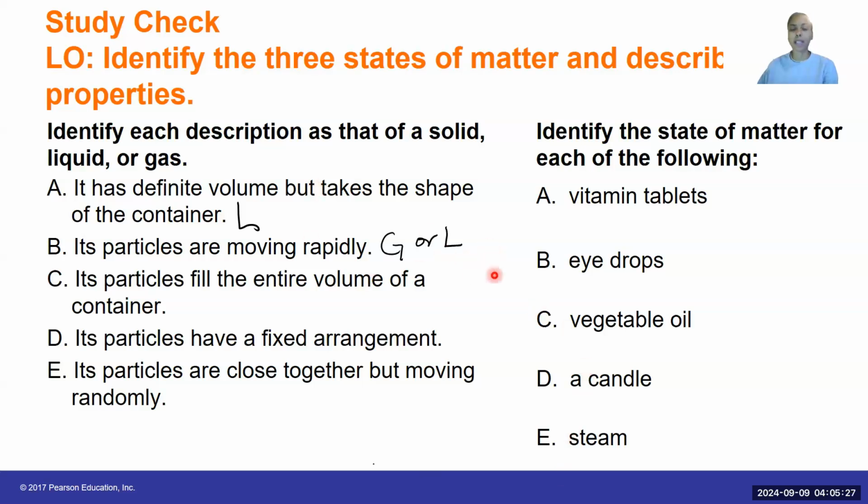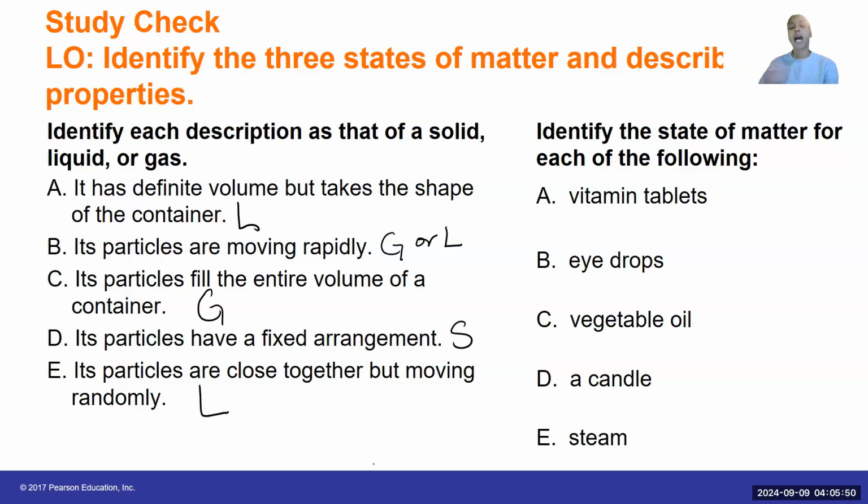So we can say gases or liquids, right? It all depends because they are always moving. If its particles fill an entire volume of a container, that would be a gas. Its particles have a fixed arrangement. That's those solid particles.